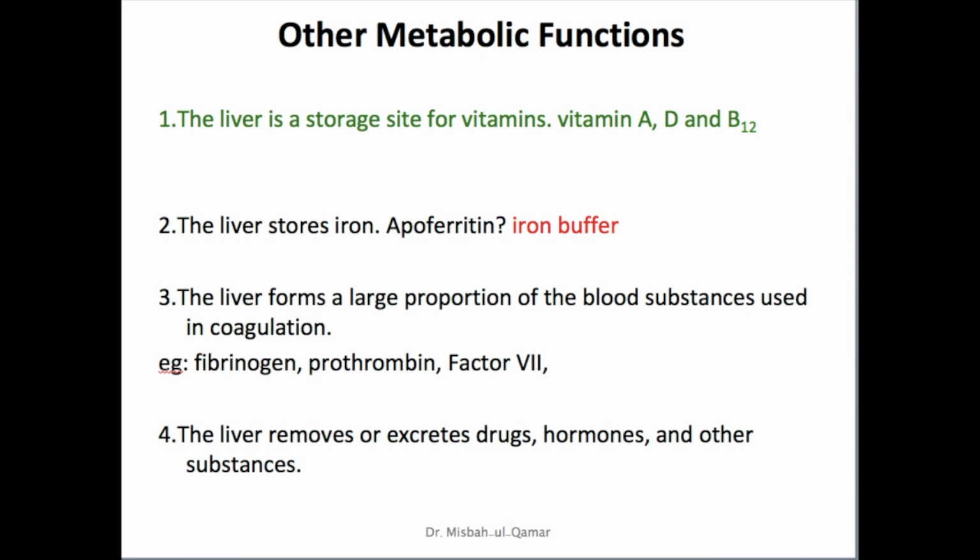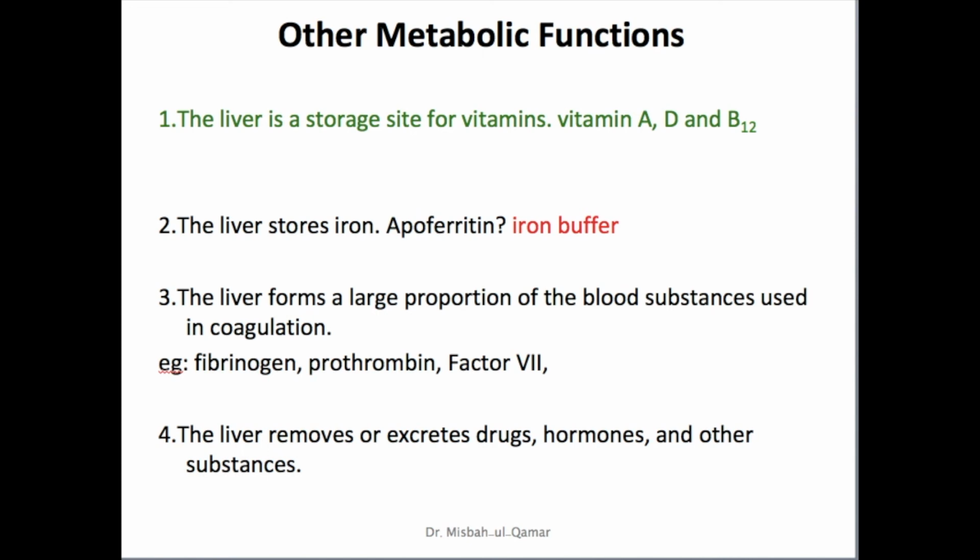Now, don't forget some other metabolic functions of the liver, which I listed here. Number one, the liver is a storage site for vitamins. Then the liver also stores iron as ferritin.